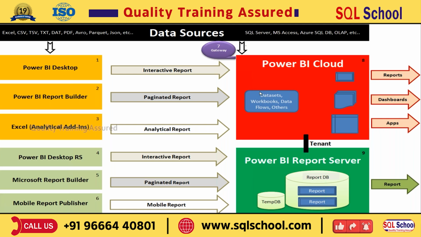For social media activities, we use Power BI cloud, the Power BI service. With this small introduction, remember once again, 6 design tools, 1 gateway, 1 cloud service, and a report server. A total of 9 components is our 1 month Power BI course.